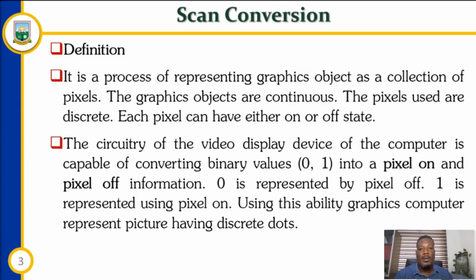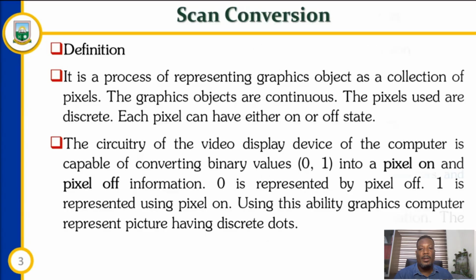Once you have the line equation, you will be able to come up with the intermediate points needed to create the line. Considering a circle as an example, it is defined by its radius and the center position, and a circle equation.